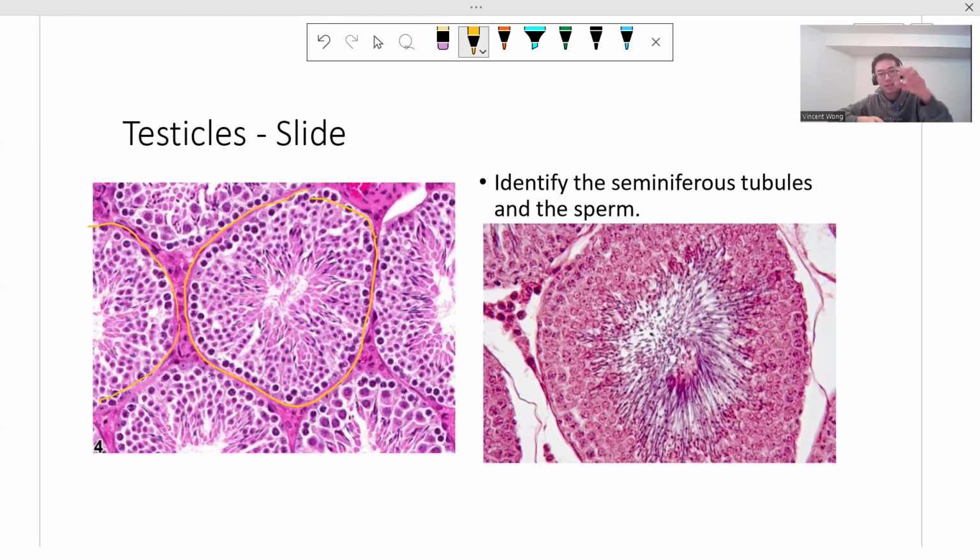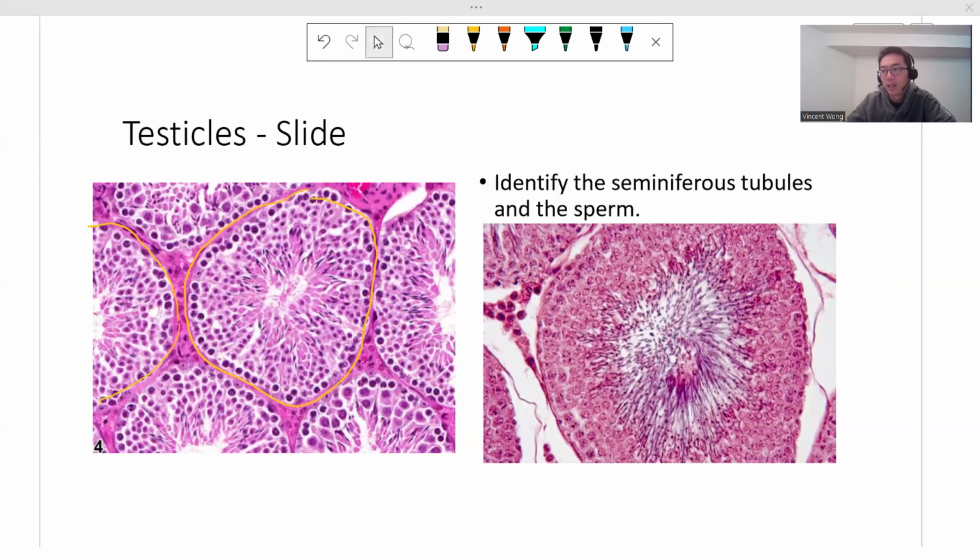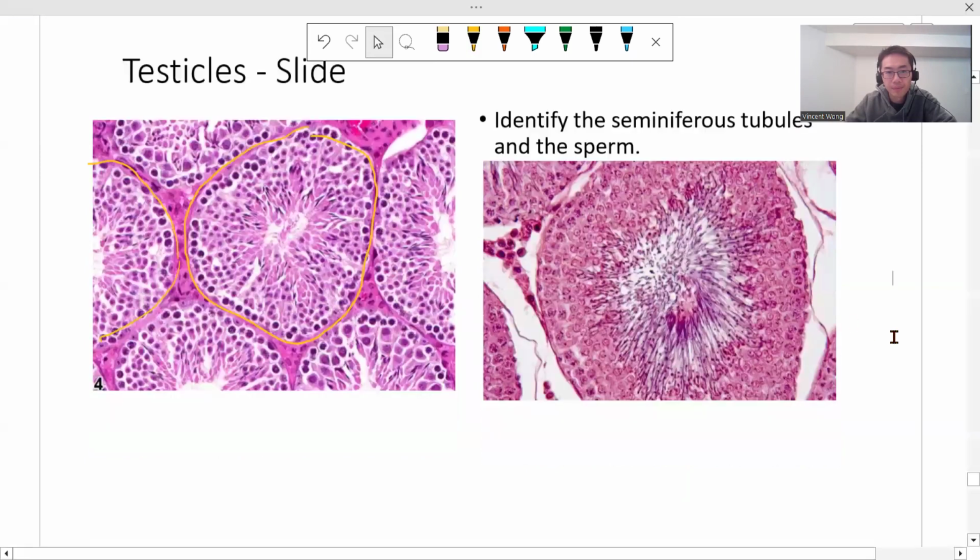If you cut them and look at it, you only see the circle, right? But it's actually part of a tube that keeps on turning. That's what this is. This is the seminiferous tubules, and these are the tails of the sperm on the inside. These are cells that are undergoing meiosis, and they move towards the lumen when they mature. Okay, pretty straightforward there.